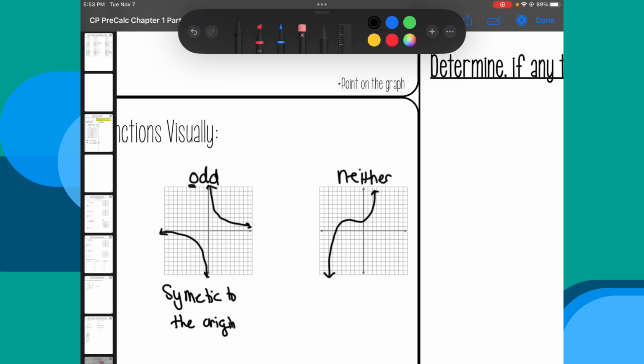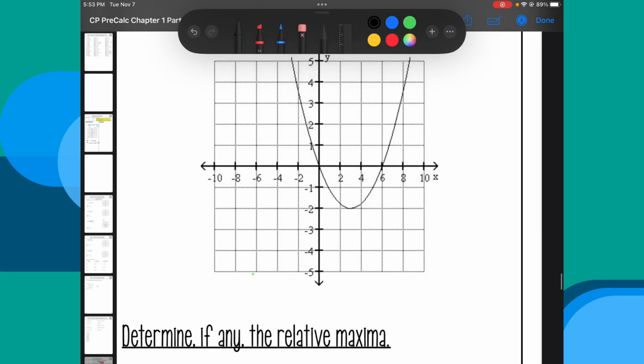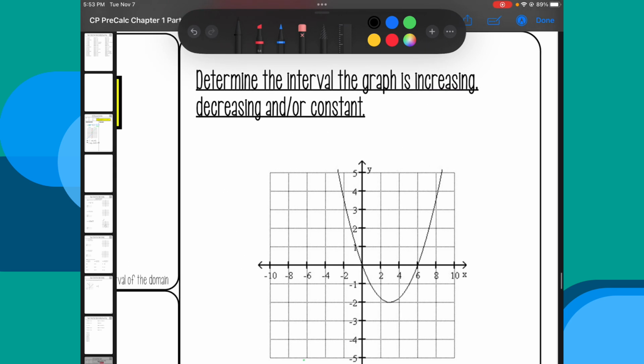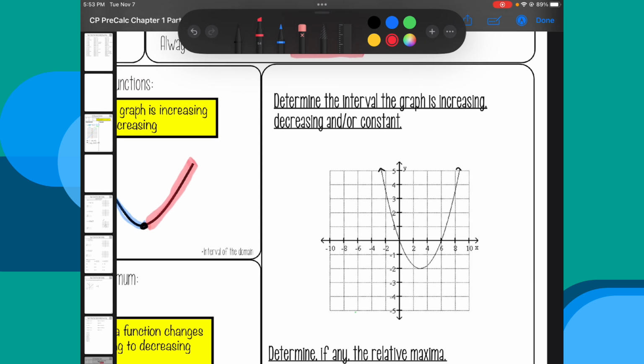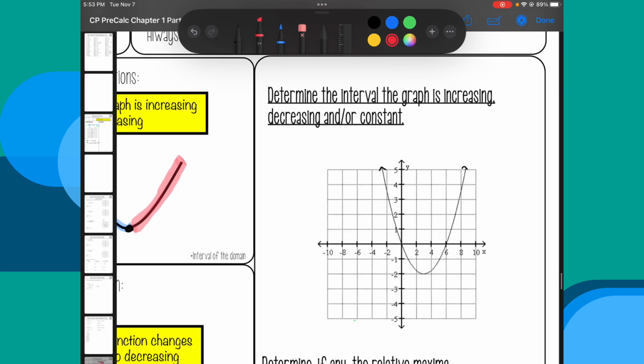So let's look at an example. We're going to determine the interval that the graph is increasing or decreasing. I notice that my graph starts on the left up high and comes down until we get to about right here. Then it changes direction and starts increasing from here up.